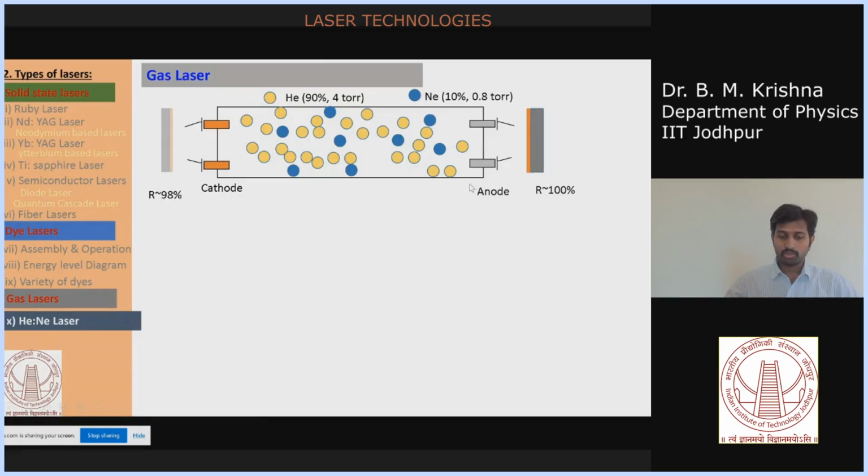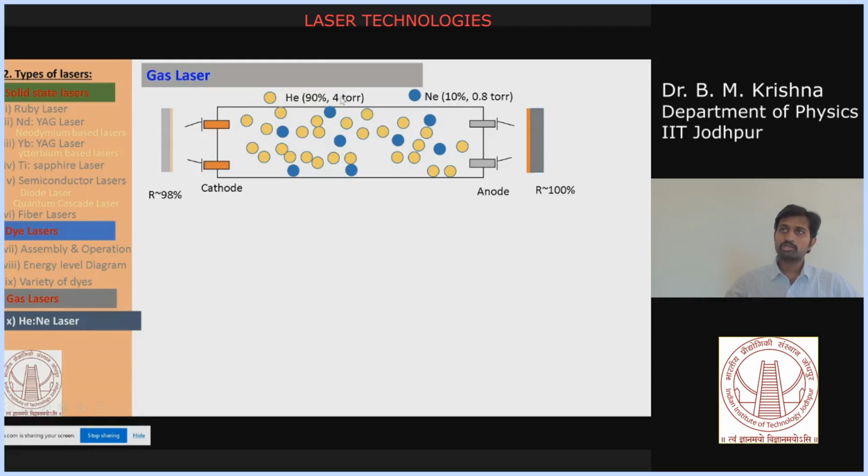You have a gas chamber, and you fill it with the appropriate active medium. For example, in this case, helium 90% and the remaining neon 10% will be filled into this gas chamber.